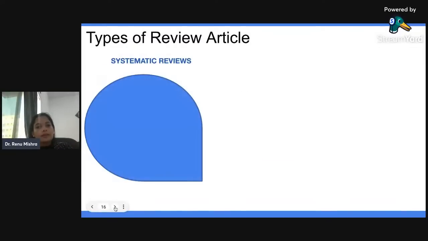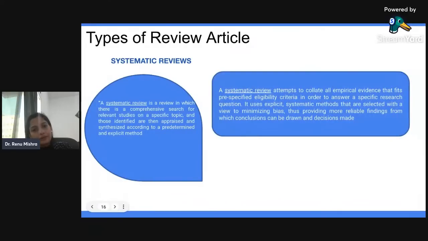Okay, now next is your systematic review. In a systematic review you have certain research protocols. When I say research protocols, basically you collect your empirical evidence. You collect relevant studies related to your topic, and then you filter them. You filter them on the basis of those research protocols, like inclusion and exclusion criteria.